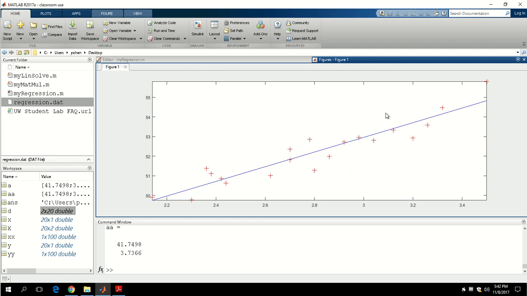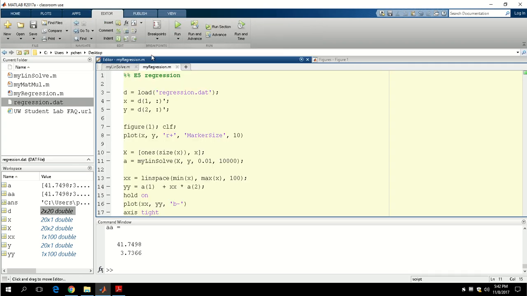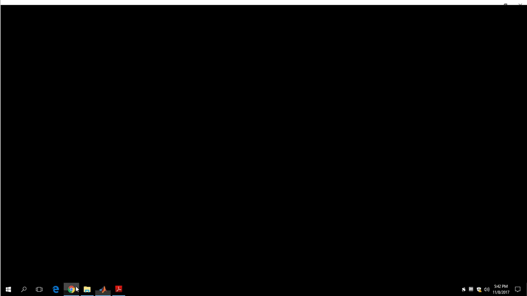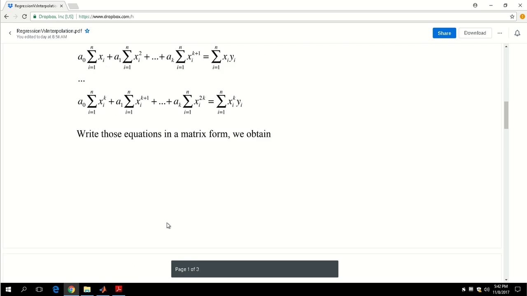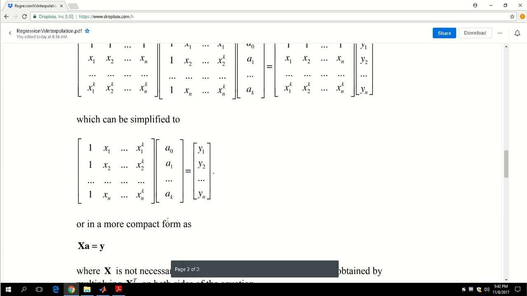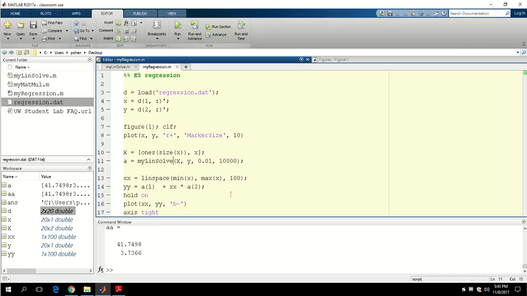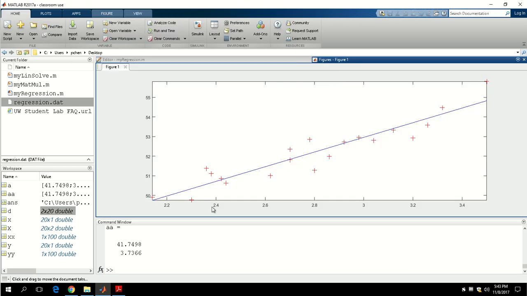At the best fit, this linear system is not satisfied exactly. So this equal sign, even for the best fit, doesn't really hold. So the error could be quite large, even at the best fit, right?